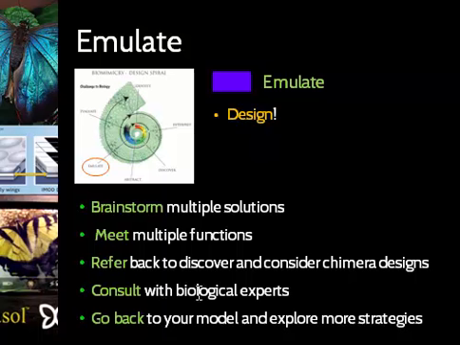In addition to consulting biological experts, you're going to need to consult with technical experts. So again, it's one thing to understand how nature does whatever it is it's doing. It's another thing to copy that in a human design. You're going to need probably a whole suite of experts, of course, depending on what you're doing.